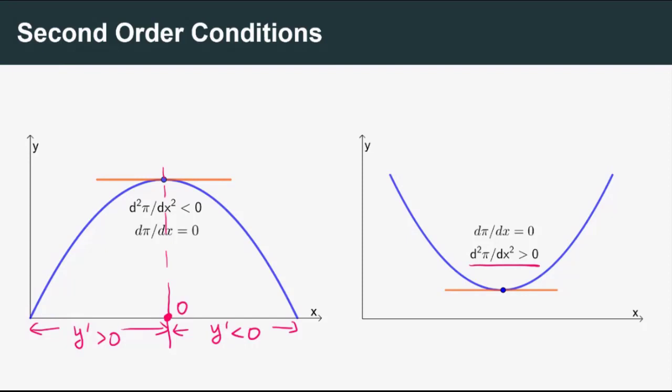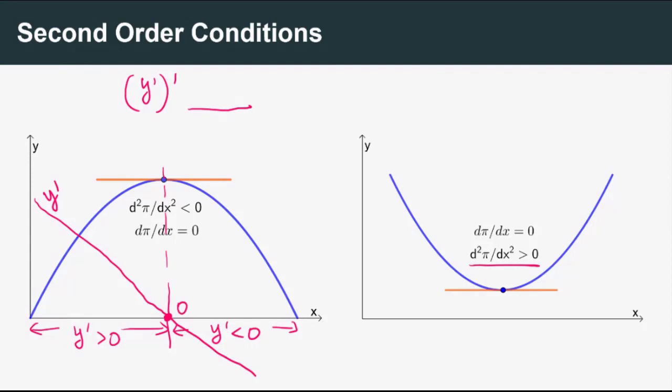So if the first derivative is greater than 0, reaches 0 at this point, and then after this point is smaller than 0, then our first derivative might be something like this. That's the first derivative function, a function of y prime. If that's the first derivative and we take the derivative of this function again, what are you expecting?